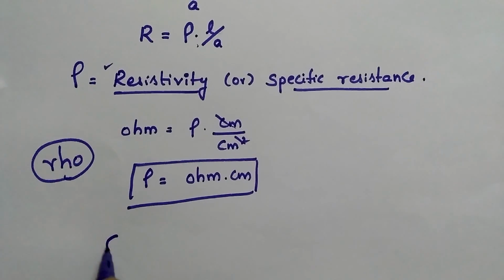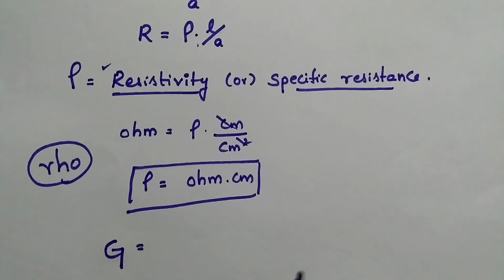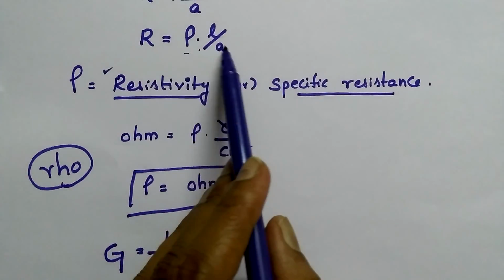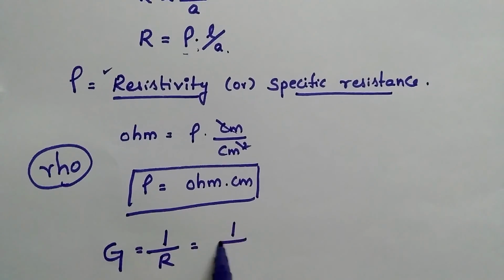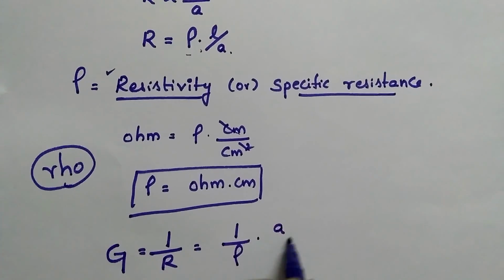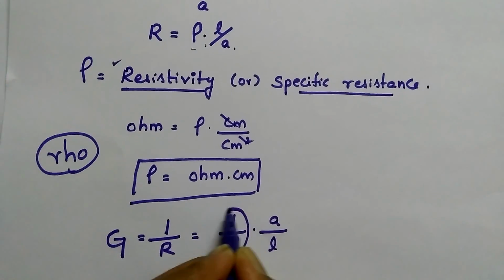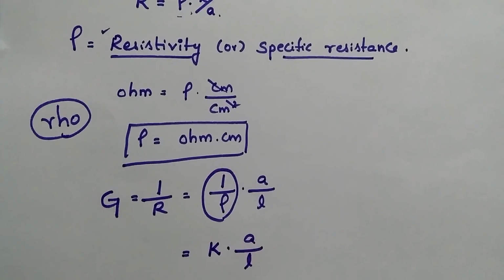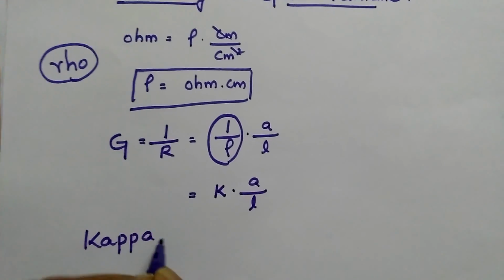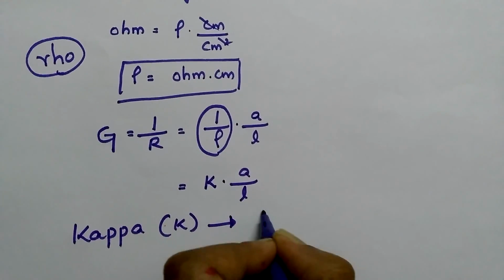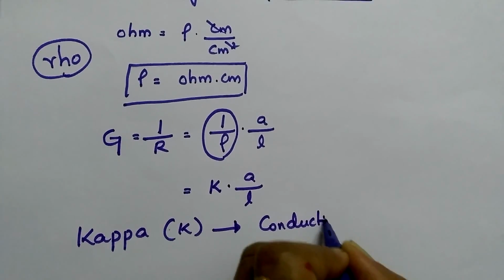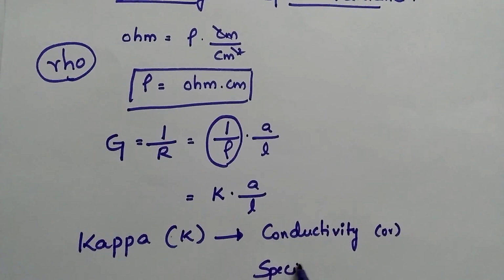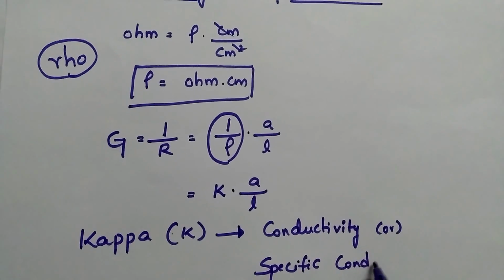Conductance is denoted by the symbol G, equal to 1 by R. Since R is equal to rho into L by A, 1 by R is 1 by rho into A by L. 1 by rho is nothing but K. K stands for conductivity, kappa, or specific conductance.